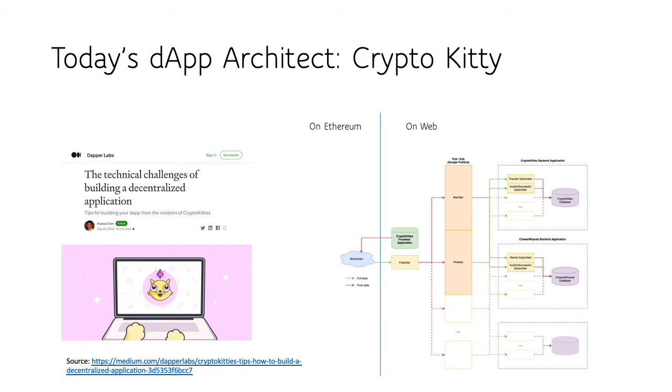But the image of the CryptoKitty is actually stored on the IPFS, which is a decentralized storage system. And most of the software, code, and logic are actually typical web applications.